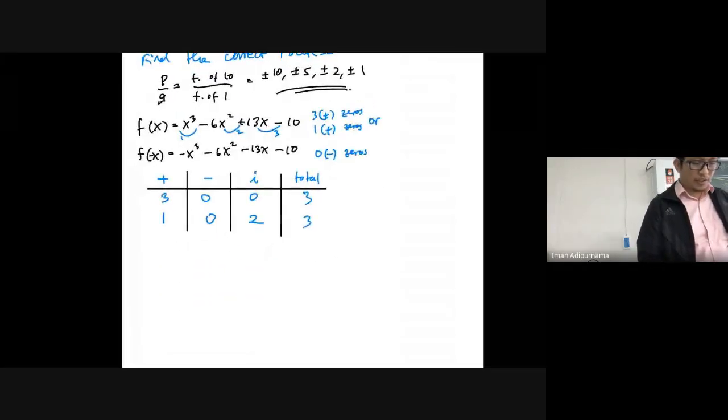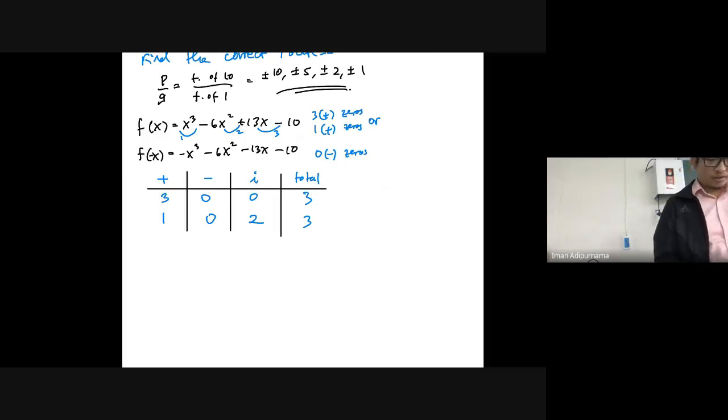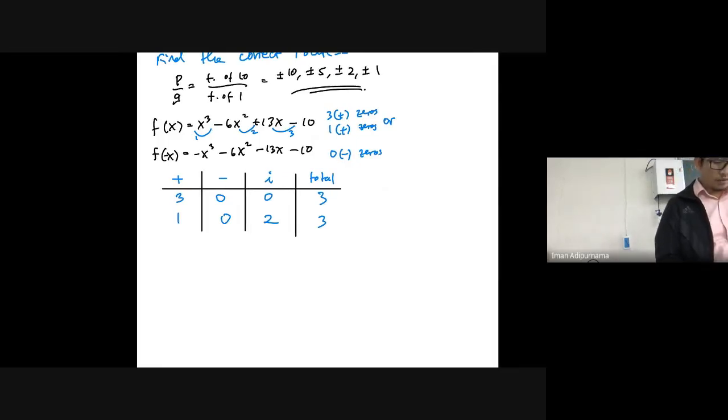The next part is checking which root will be correct. So we test our zeros. Here's the thing: one of the benefits of using the Descartes rule is that because you will not have any negative, you can test positive numbers only.